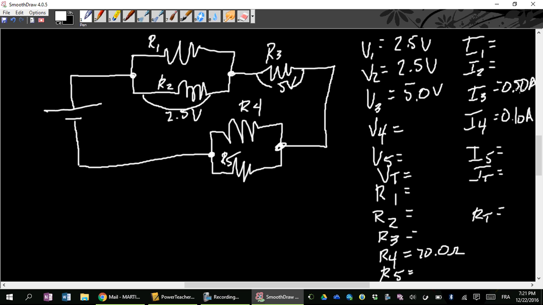So this is 10 ohms. Okay, that's not negative. Am I missing something? This is 5 volts, and we know I here is 0.5. So R equals V over I. So this is correct, and this is 10. So this is 10 ohms.